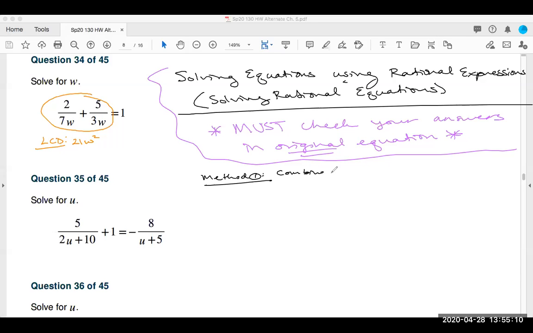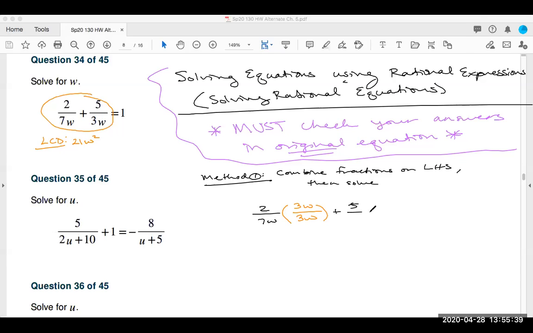Method: combine fractions on the left-hand side, then solve. So if you were doing that, you'd say, okay, I have 2 over 7W, and I'm going to be multiplying that by 3W over 3W.